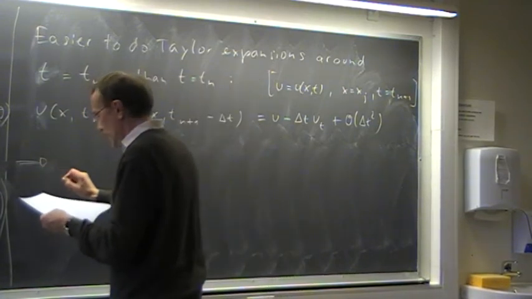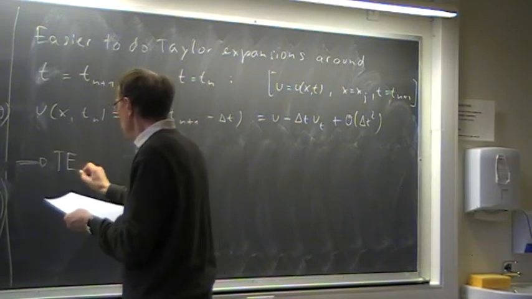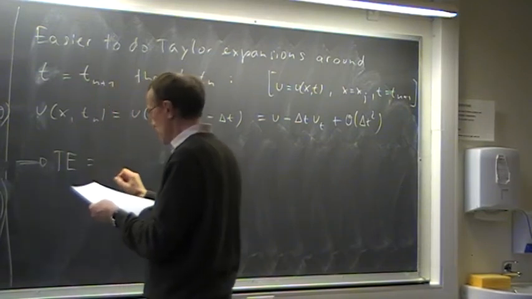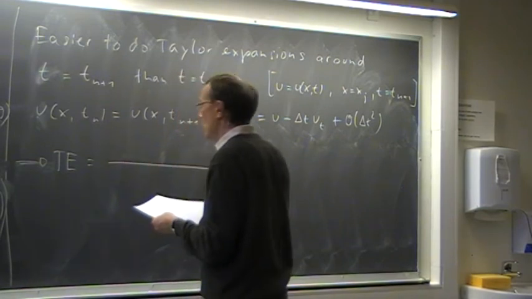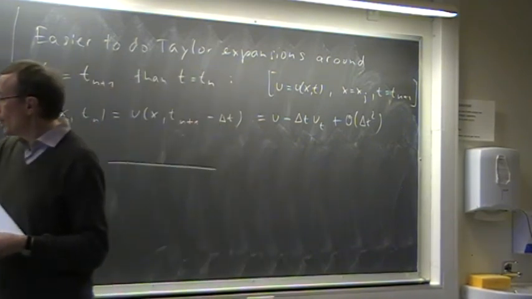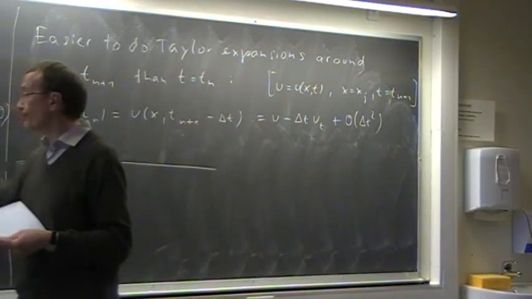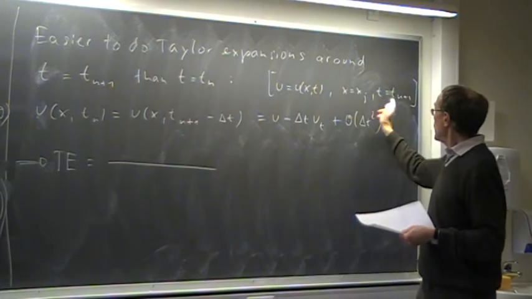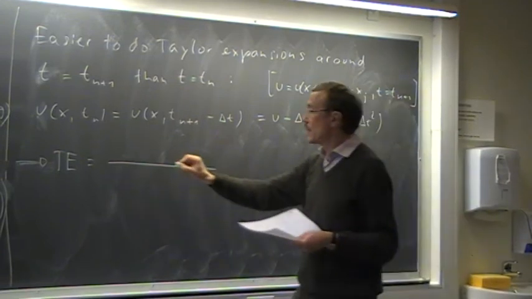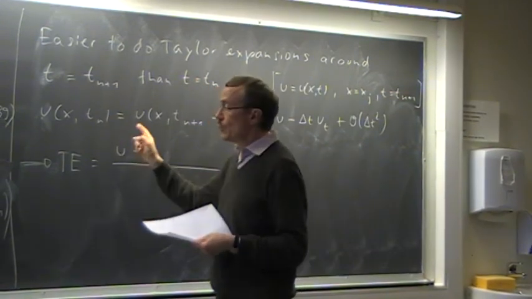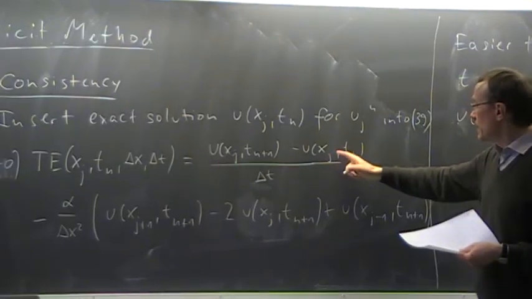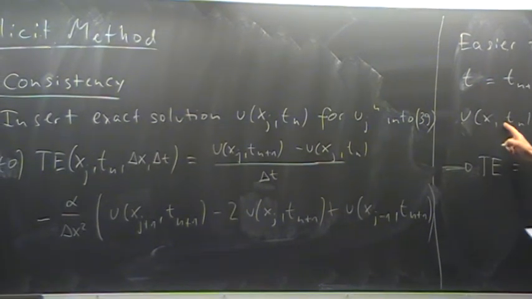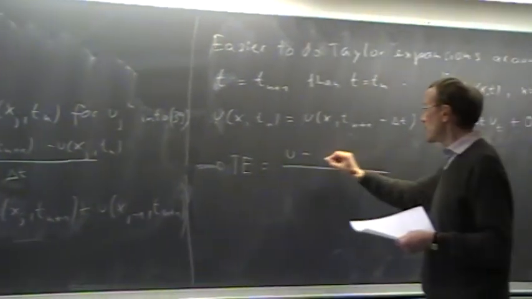And if we do that, then the truncation error becomes the following. We have now, this is now our u, right? The u of xj, tn plus 1. And the u at xj tn, that is now this, that we take the Taylor expansion.